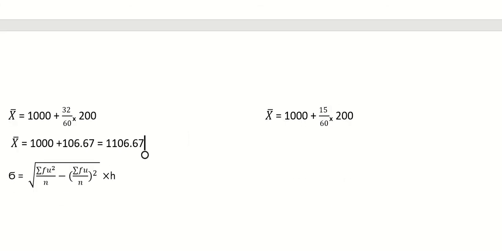Now we will solve it. So once we divide 15 by 60 into 200, we will get 50. So here the answer is 1050.